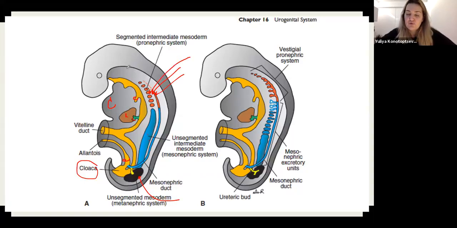Which structure is going to be here, occupying majority of the space in the cephalic region? Should I repeat the question?